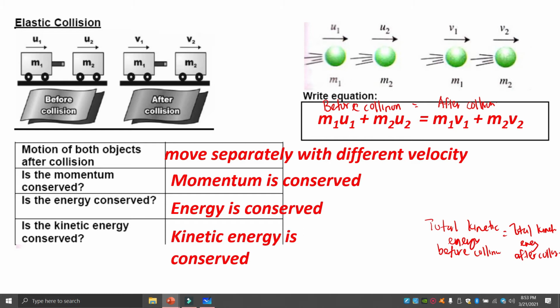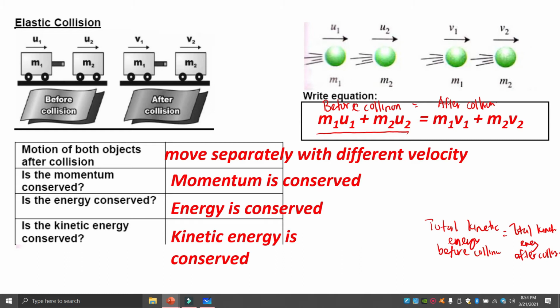Remember, in the early part I already mentioned the principle of conservation of momentum. I told you that the total momentum before and after the collision is the same, and I told you I would explain why you have to put the word total here. Before collision, we add the momentum of two objects.